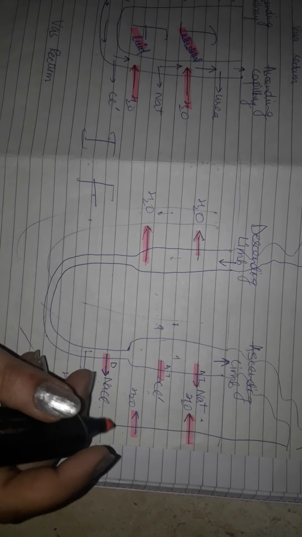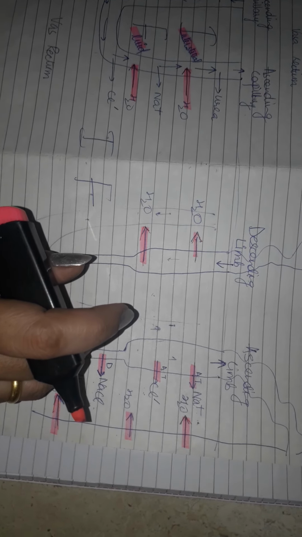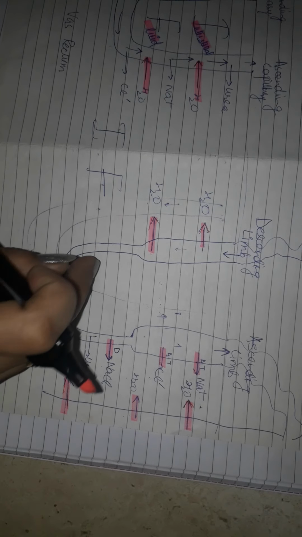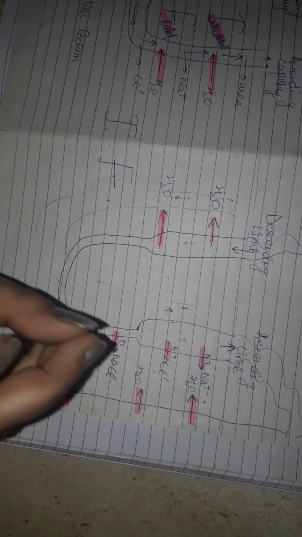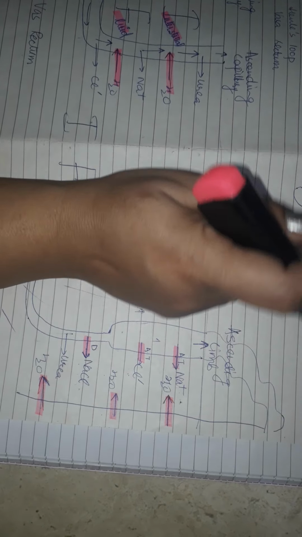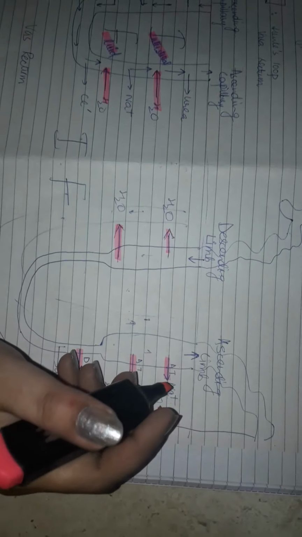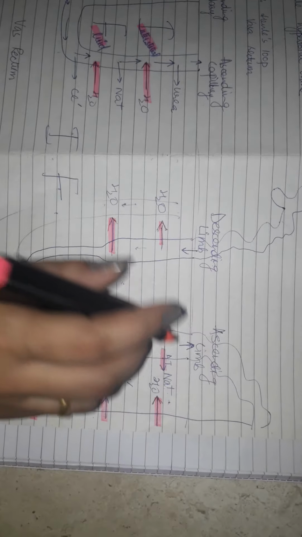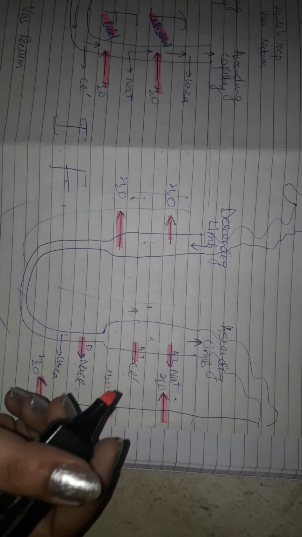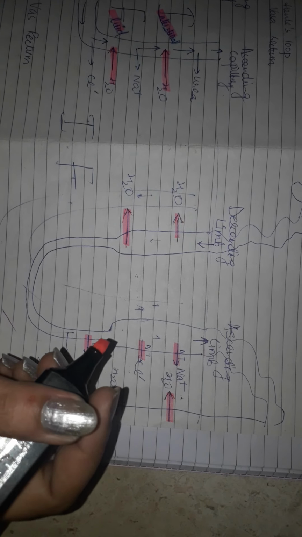Now this process maintains high concentration of solutes in the interstitial fluid around the loop of Henle and collecting duct, and this turns the isotonic glomerular filtrate, which was filtered here from the blood, the ultrafiltrate, that was isotonic, that has the same ionic concentration as blood. Now this process turns the isotonic glomerular filtrate into hypertonic urine.